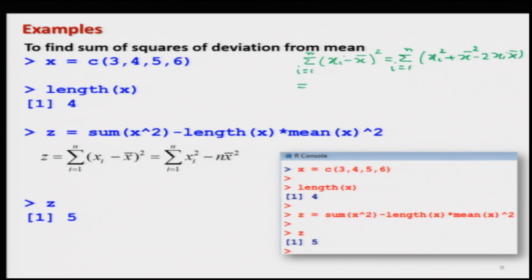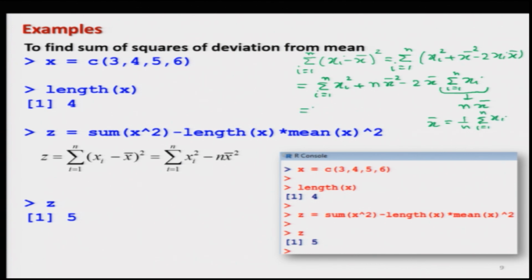And if you try to open it here, this will be summation i goes from 1 to n xi square plus this will become n times x bar square minus twice of x bar, and then summation i goes from 1 to n xi. So this summation xi is same as your n times x bar. Why? Because your x bar is 1 over n, summation i goes from 1 to n xi.